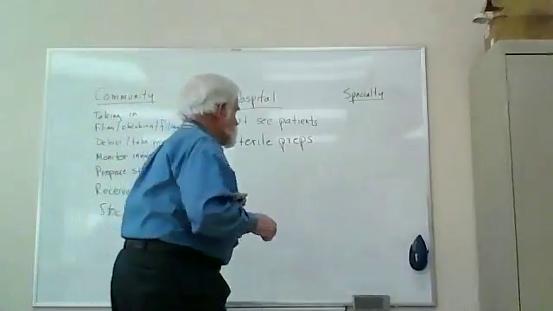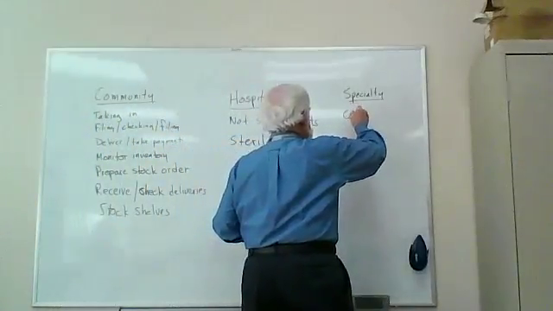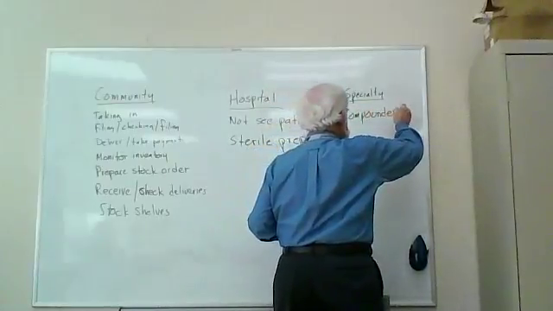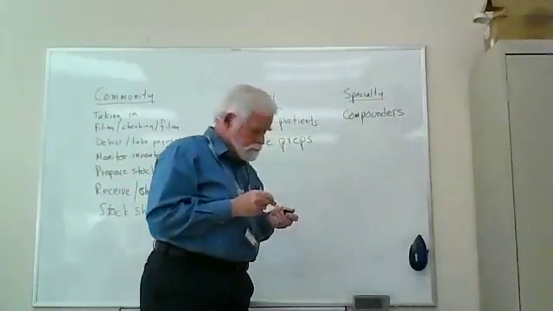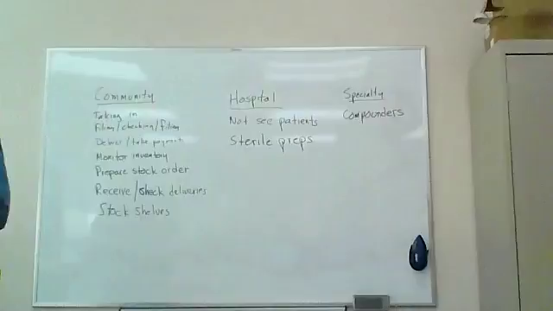Specialty, I'm going to talk briefly about that. We have compounders. Every city has some. Every chain, Walgreens, Target, King Soopers, they have compounders. They have a central compounding facility for specialty.